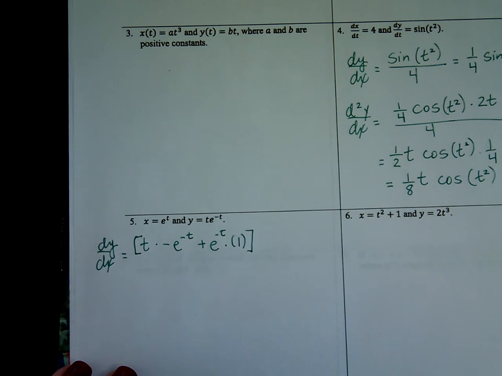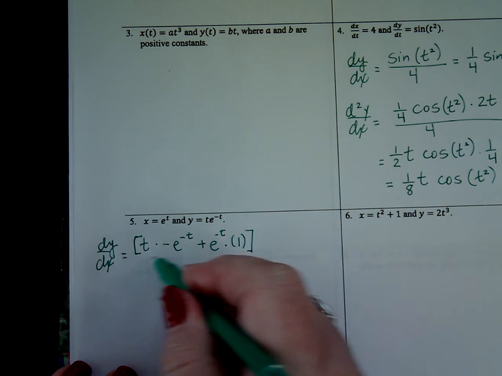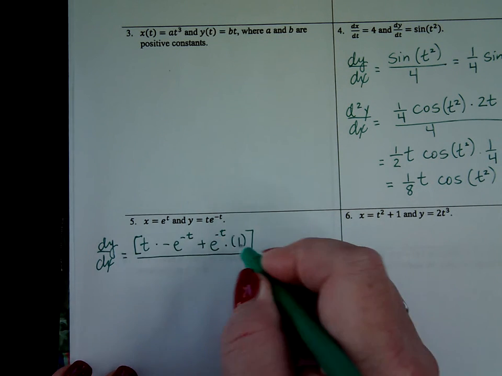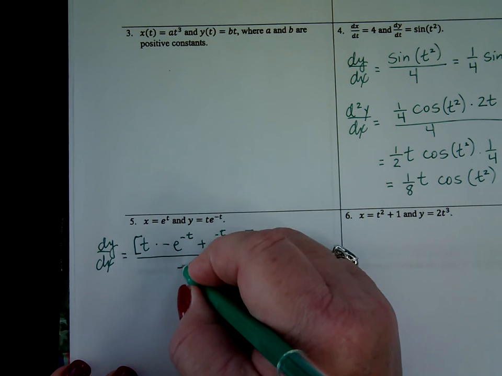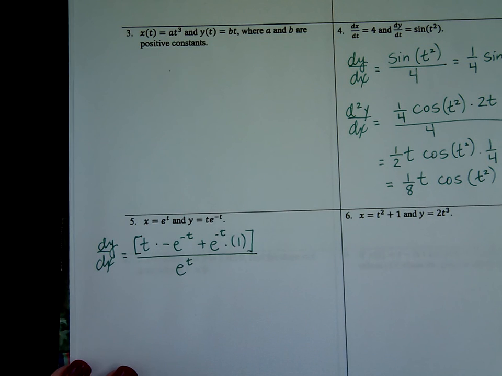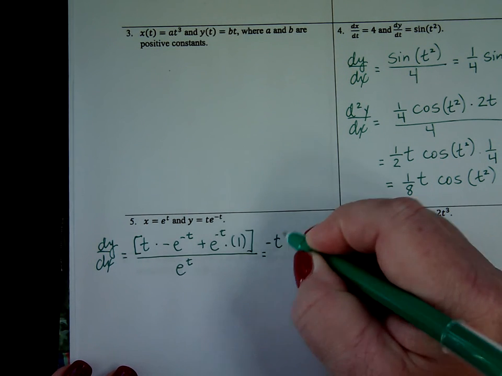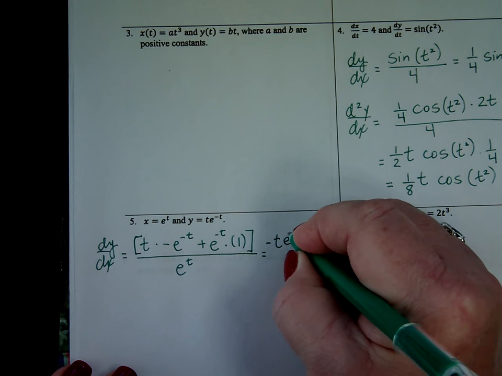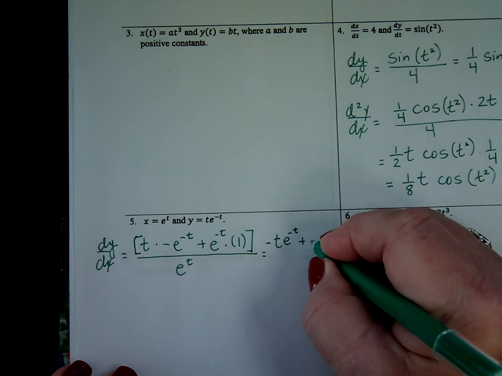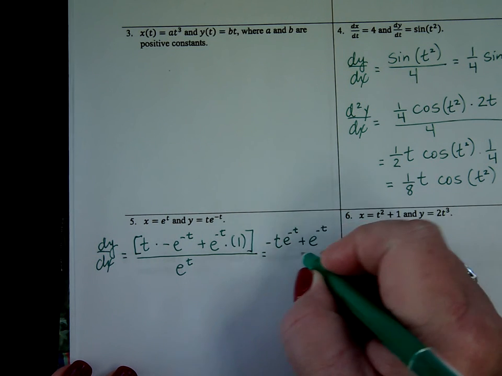Okay, there's your derivative of y. We'll clean it up in the next step here. And the derivative of e to the t is just e to the t. All right, so let's see what we got. We've got a negative t e to the negative t, plus e to the negative t, all over e to the t.